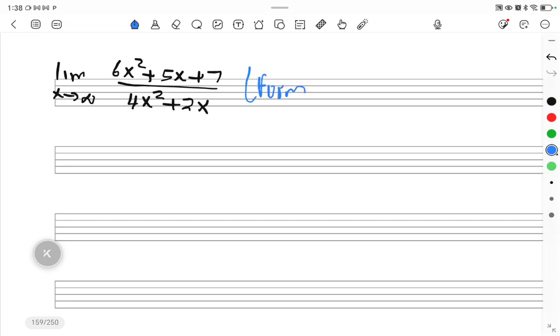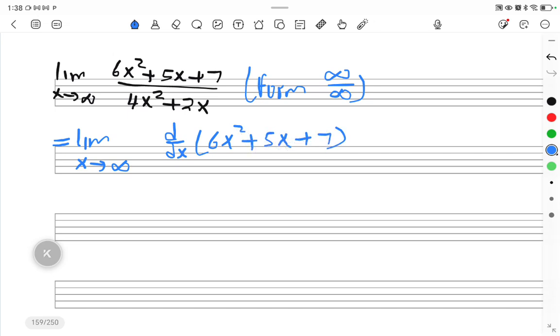This is in the form of infinity over infinity. That means that we can apply L'Hopital rule. d over dx of 6x squared plus 5x plus 7 all over d over dx of 4x squared plus 2x.